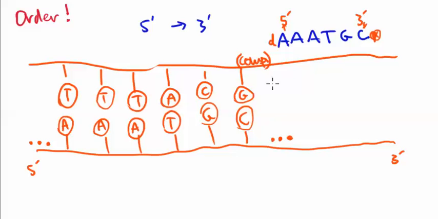So I put comp there to let you know that's the matching strand, the sister strand that comes along with it. And then the order of that strand runs backward. So another thing that you got to keep in mind is that this is my original strand that I started with. So this is my 5 prime end. This strand actually runs backward. So my 5 prime and 3 prime go in an opposite direction.